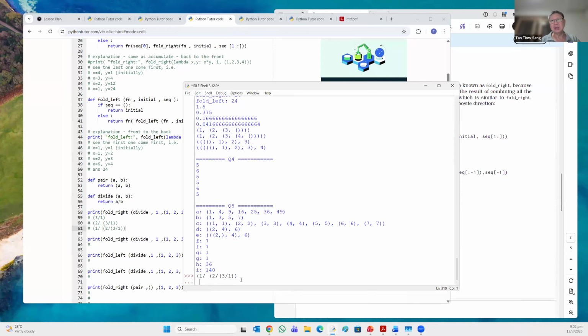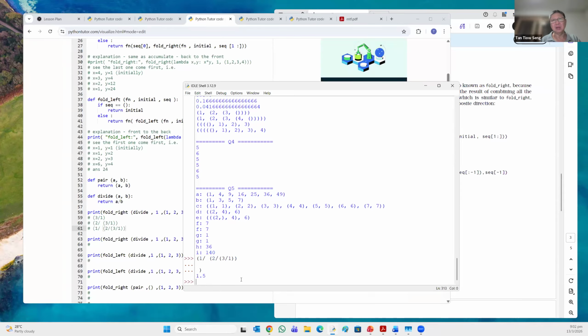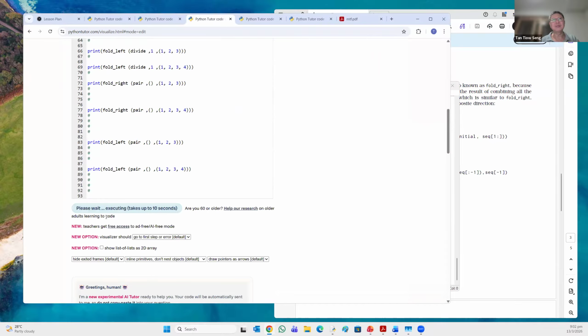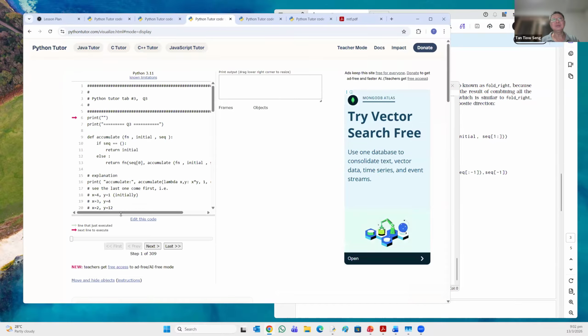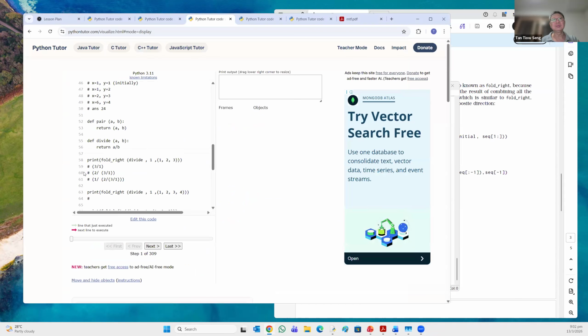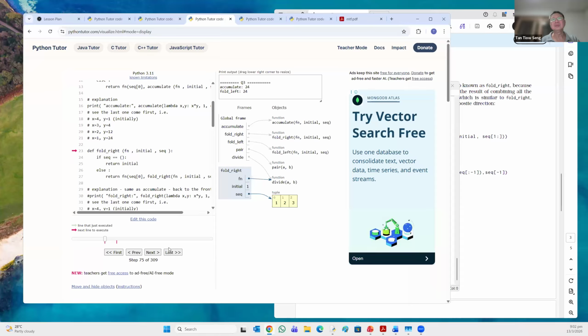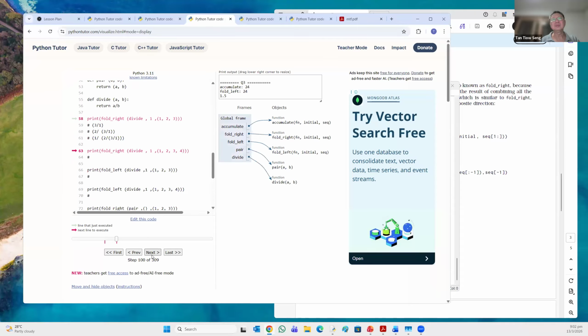This should be the answer, and this answer is 1.5. Let's check, line 58, 1.5. Okay.